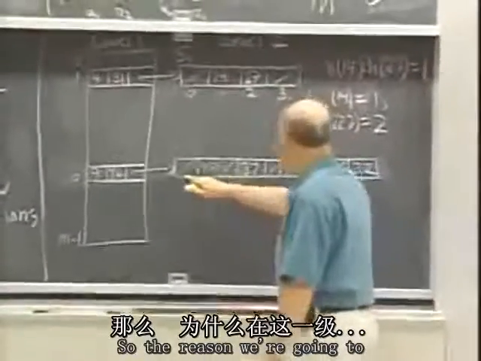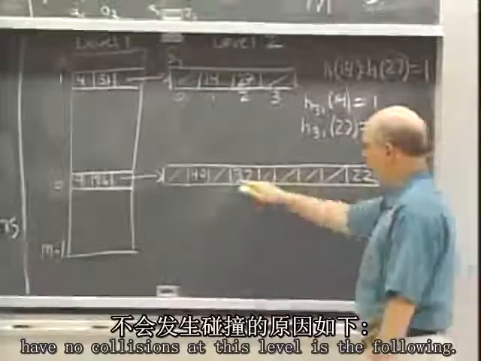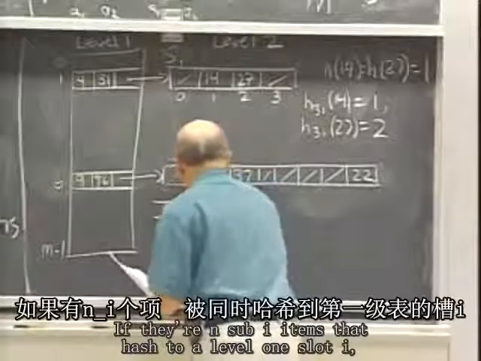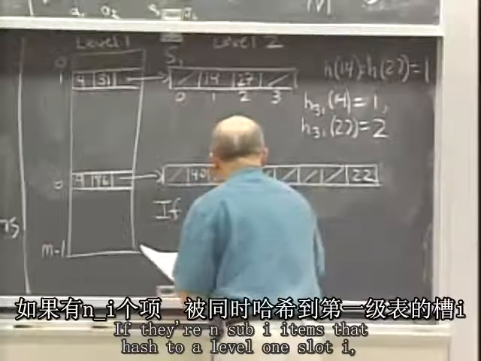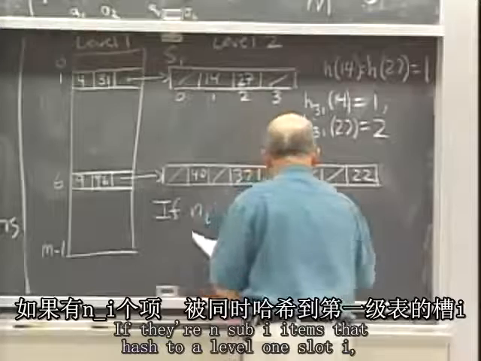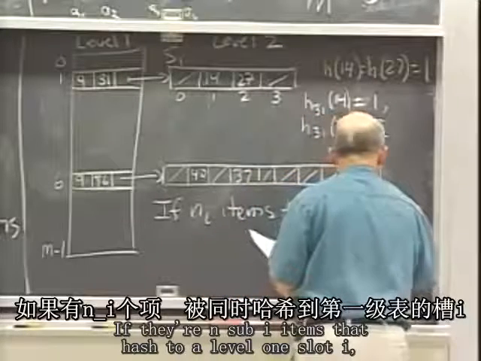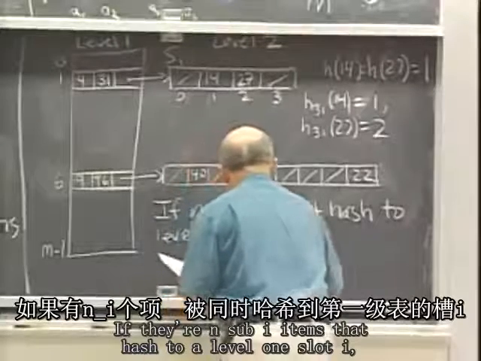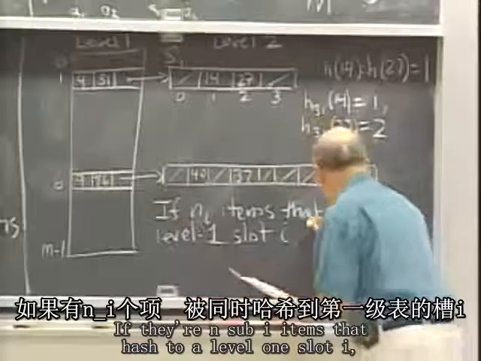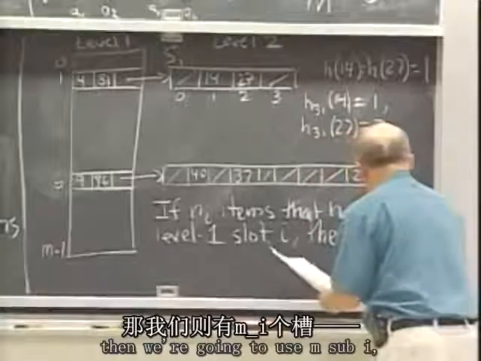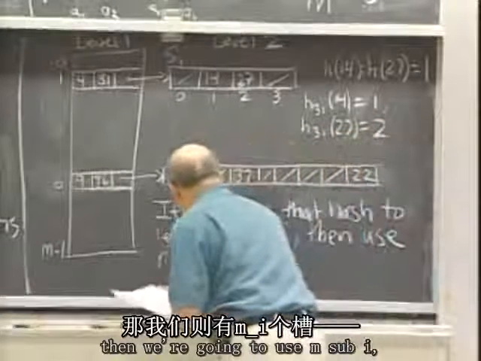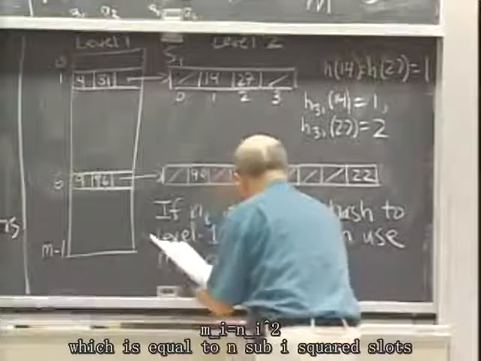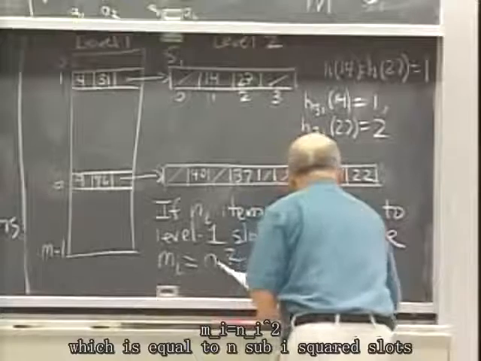So the reason we're going to have no collisions at this level, okay, is the following. If there are n sub i items that hash to a level 1 slot i, then we're going to use m sub i, which is equal to n sub i squared slots in the level 2 hash table.